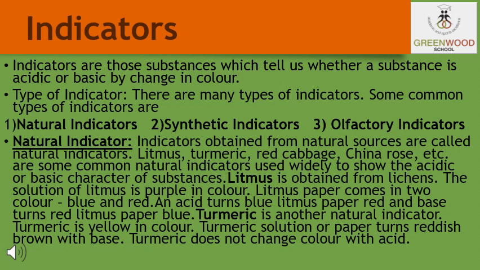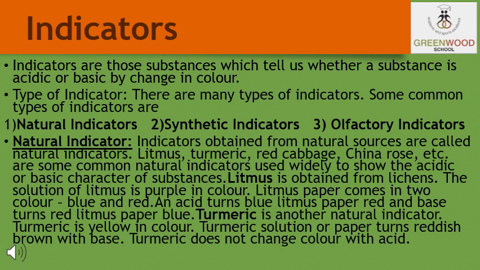For example, litmus solution, which is extracted from the lichen plant, is basically purple in color and is commonly used as a natural indicator. When this litmus solution is neither acidic nor basic, its color is purple only.